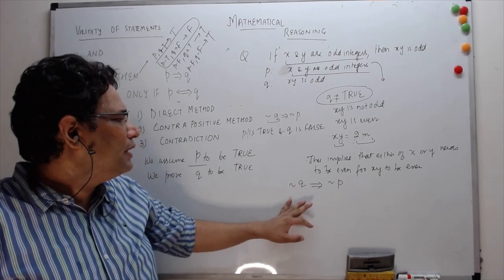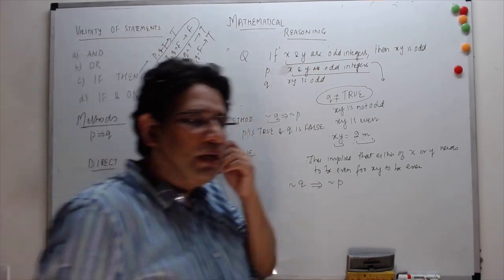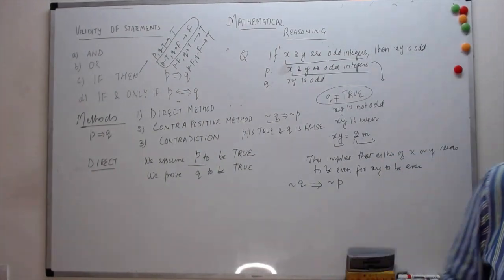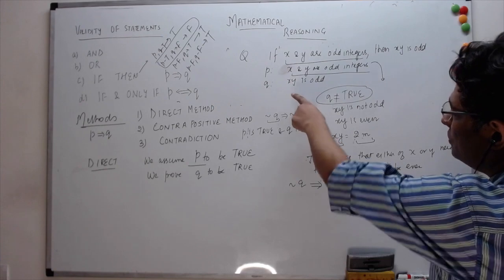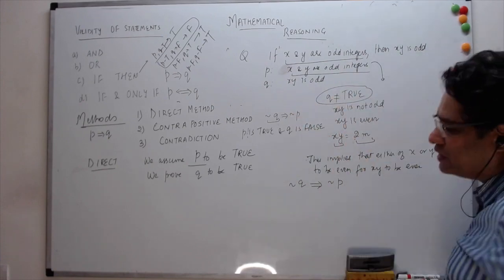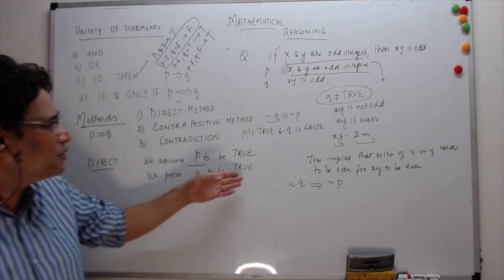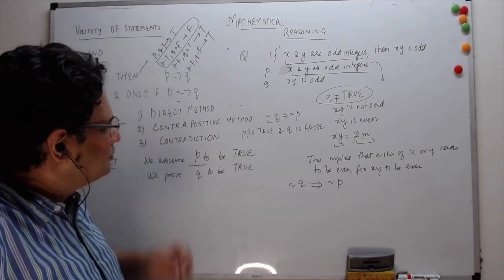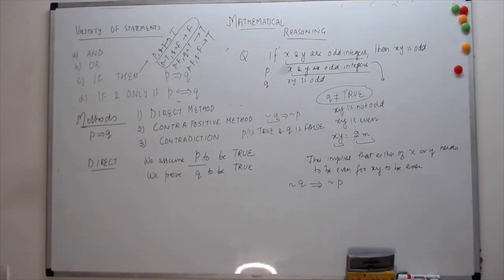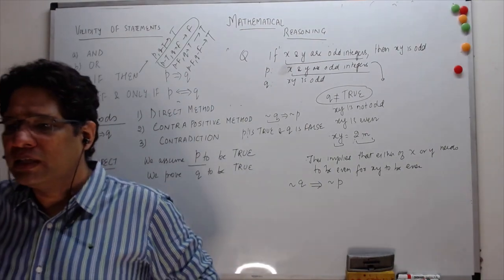That can only mean that the given statement is false. If we are able to prove using the negation of Q that the negation of P is implied, then we can say that this proof is by the contrapositive method. Alright? Does it make sense? Does it clarify the approach basically?